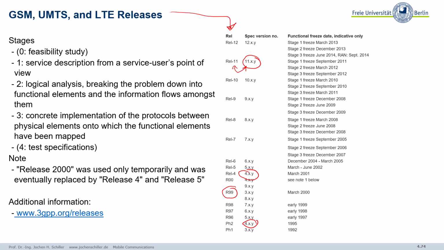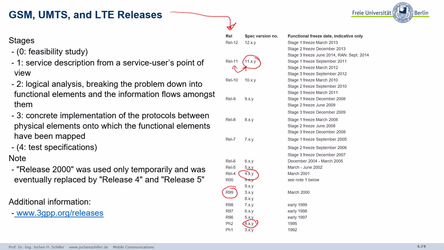And then we look at stage 2. Inside this box that should offer the service, we break down the problem into some elements and information flows. So we have to know, okay, for offering 1 gigabit per second, we need this and that. We need certain information that comes from this element and from that element.